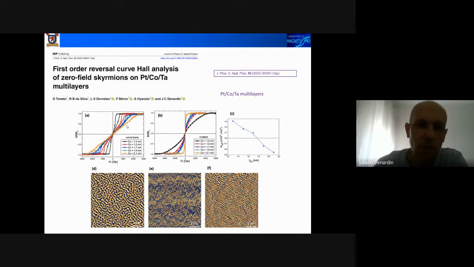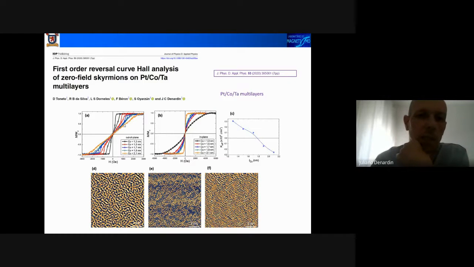And what we can see in these hysteresis curves, the A curves, are measured perpendicular to the plane of the sample. That means with the field perpendicular to the sample. In this case, when the thickness of cobalt is small, like 1.3 nanometers, the hysteresis curve is more vertical, and this goes to horizontal as we increase the cobalt thickness.